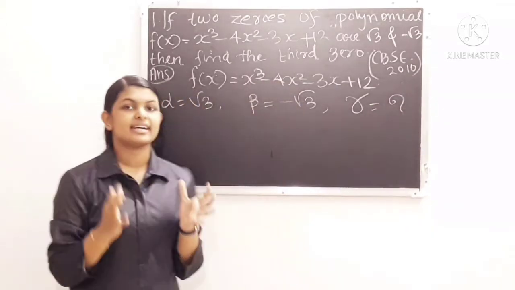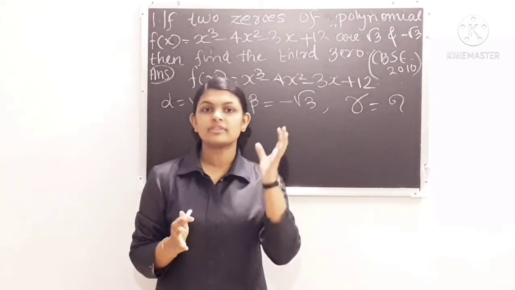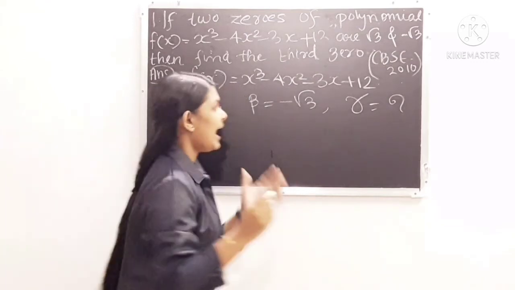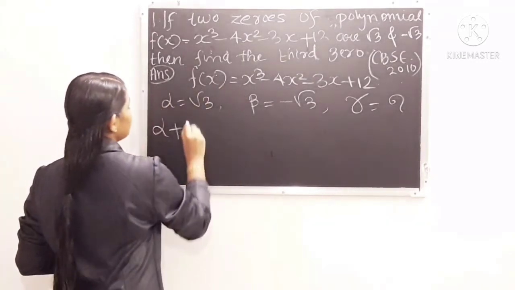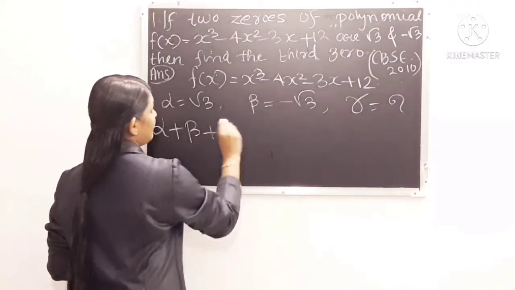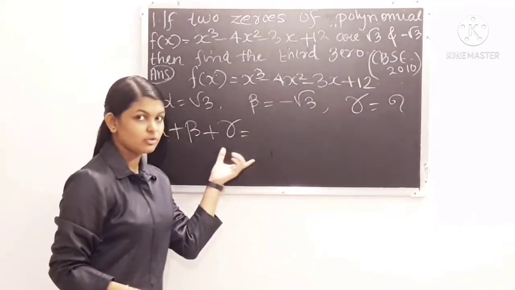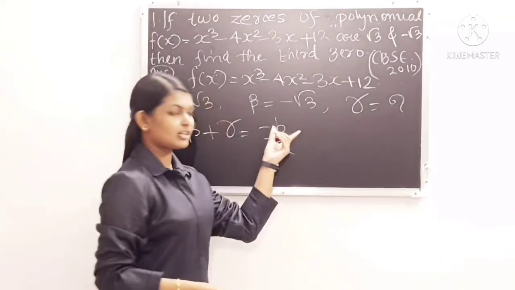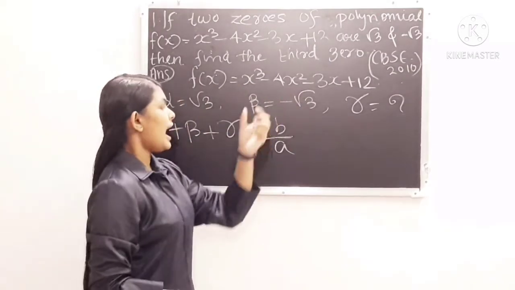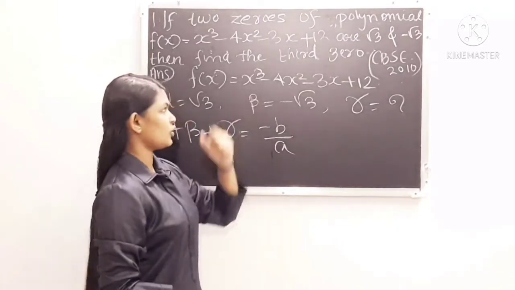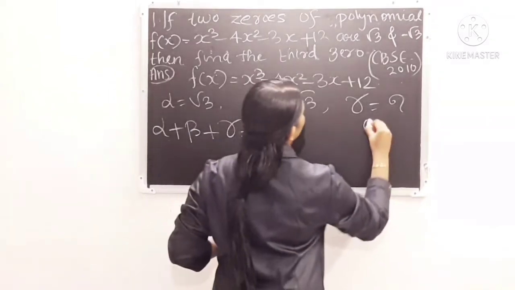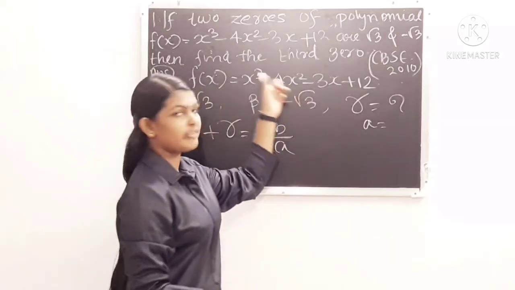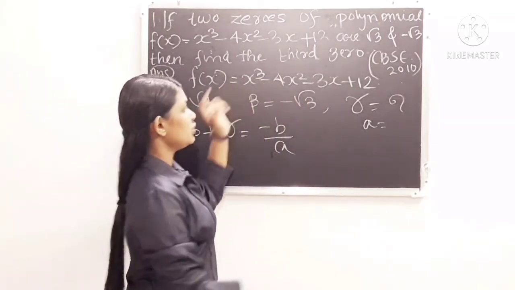We already discussed the relationship between zeros and coefficient of a cubic polynomial, and the sum of the zeros, that is alpha plus beta plus gamma, will be equal to minus b by a, where b is the coefficient of x squared and a is the coefficient of x cube. Here a is the coefficient of x cube, and that is equal to 1.